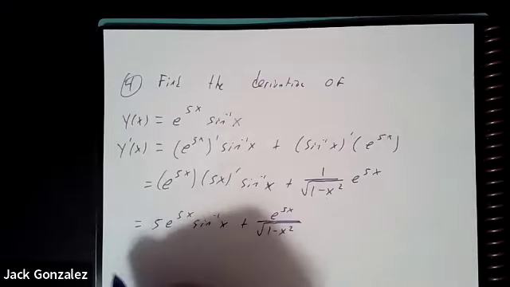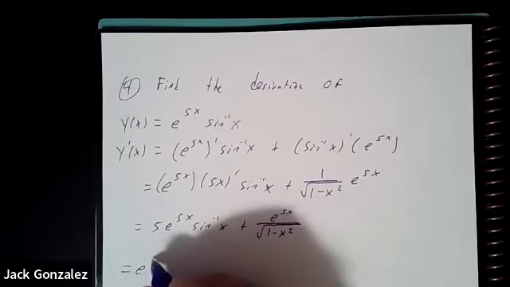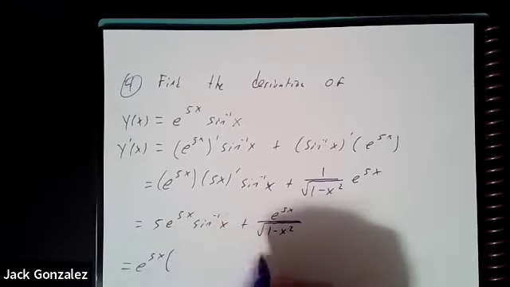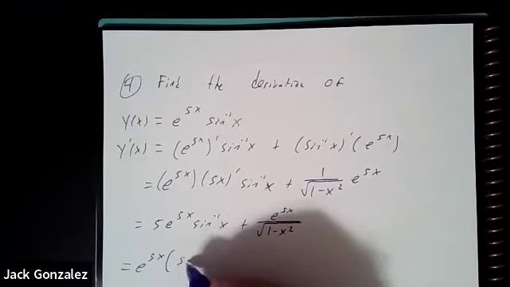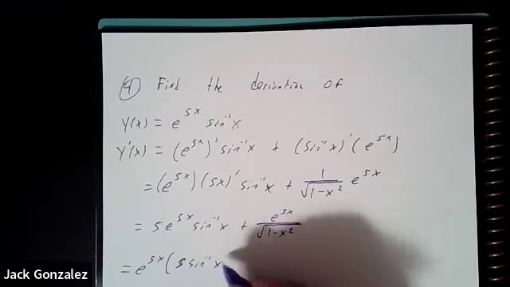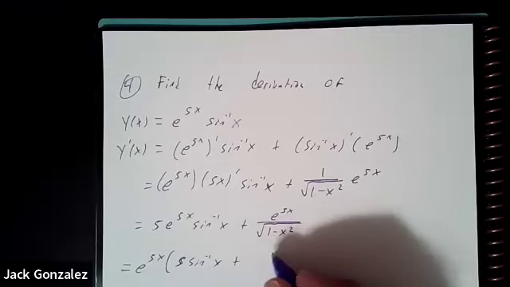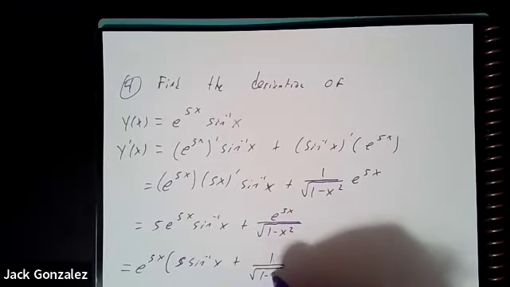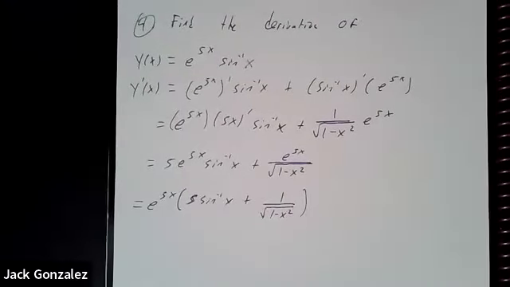That's pretty much it. I mean, you could factor out e^(5x), and that's about it. But yeah, the whole section is just use the formulas and you'll be good. Just don't forget your product rules or chain rules. Any questions on this section?